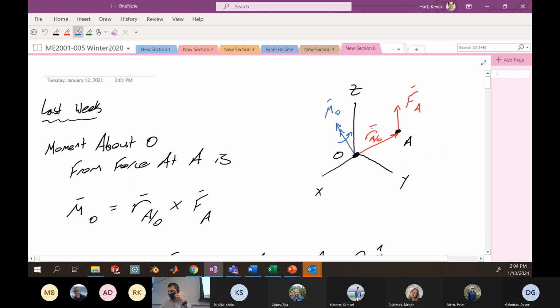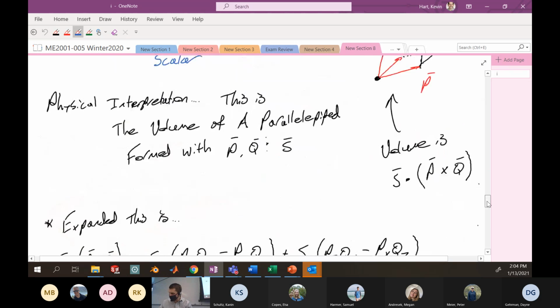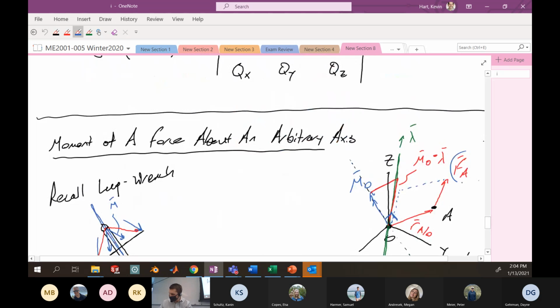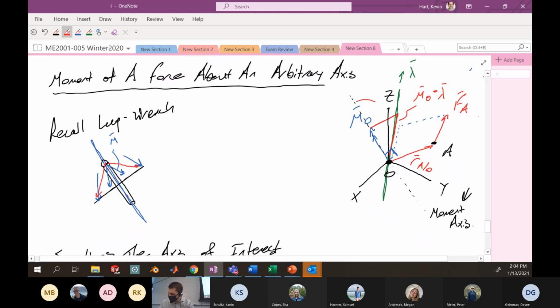And this moment acts along an axis that is perpendicular to the plane that contains the force at A and the position vector RAO. And the question is, what is the contribution of this particular moment here about an axis that's not necessarily aligned with the direction of that moment, but let's say some other arbitrary axis that we're defining with a unit vector lambda.